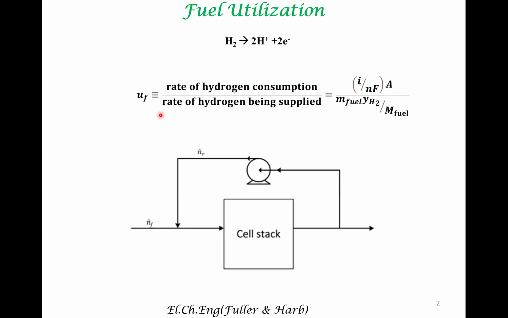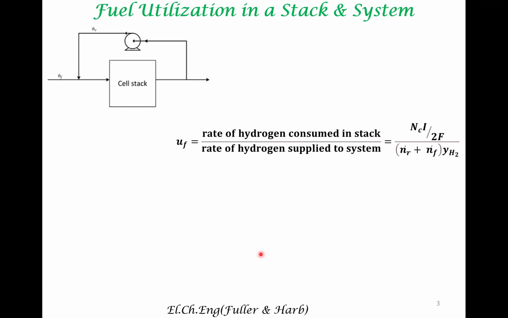So what is done typically is some part of the stream that comes out of the fuel cell stack is recycled back. So this is the molar flow rate of the recycled stream, and the molar flow rate of the new fuel stream. These two are mixed and sent into the fuel cell stack.